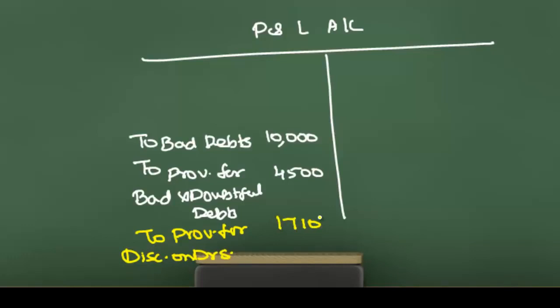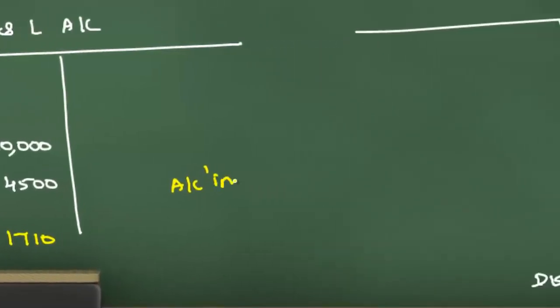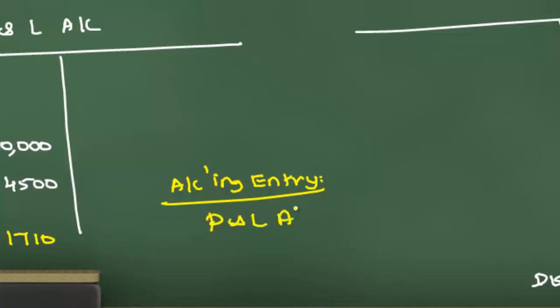And what is going to be the real accounting entry for this? I have space here, so I'll write the accounting entry, or say adjustment entry, for this provision for discount on debtors. Provision is an estimation, so we are directly providing it in P&L. So the profit and loss account is debited, and we are creating a new liability which can be shown either on the liability side or as a deduction on the asset side.